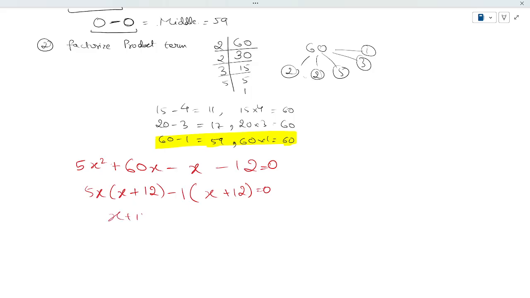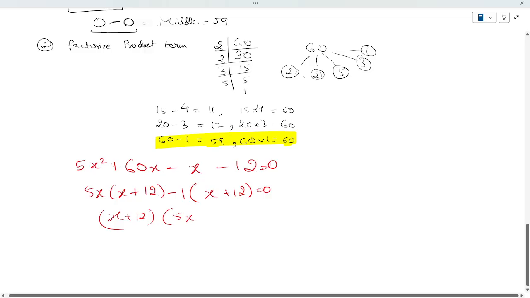So here we have two factors, x plus 12 and 5x minus 1. Either this will be equal to 0 or this will be equal to 0. We get the value x equals minus 12 and x equals 1 by 5.